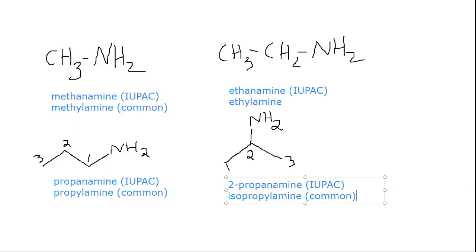So the location of NH2 is on 2. So the name of this compound is 2-propanamine. And if I'm using this as an alkyl group, then it's called isopropylamine.